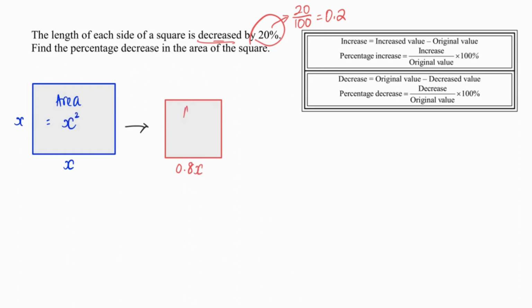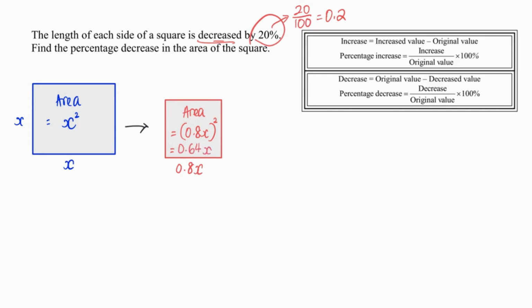For the area of the red color new square is also equals to 0.8x times 0.8x, which is simply the power 2. Okay, so now given this, if you press your calculator, 0.8x multiplied by 0.8x is actually equals to 0.64.